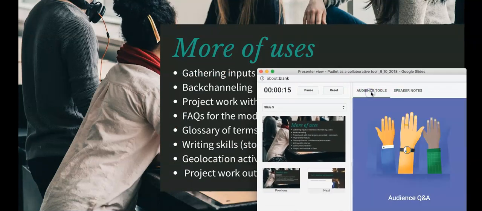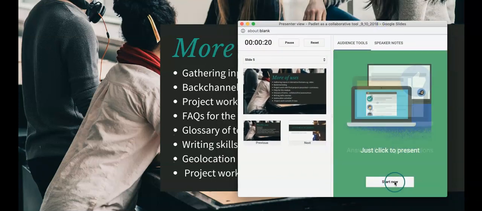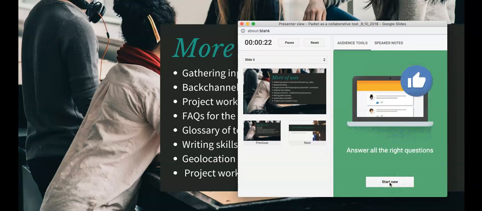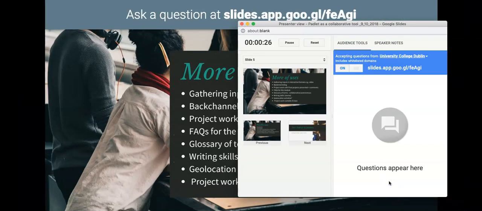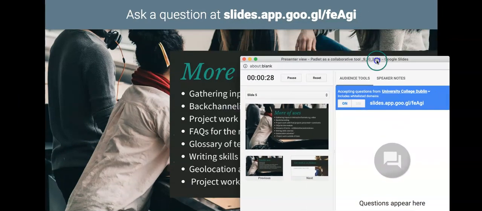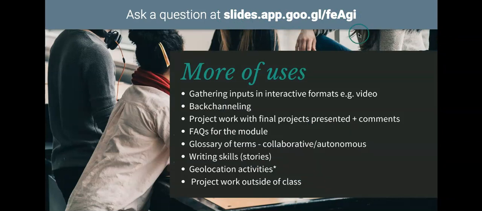And then audience tools, and this is something new that I wanted to showcase very quickly, is that we can have built into Google Slides a student response scenario, whereby you can see that the students can ask questions for the presentation by going into slides.app, Google, and then the app code for this specific presentation.